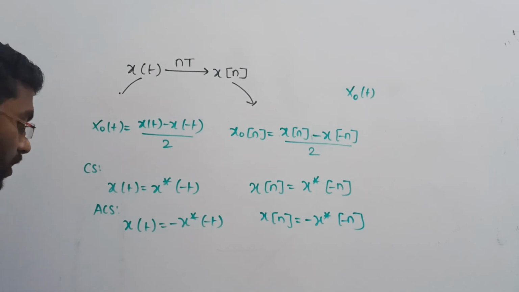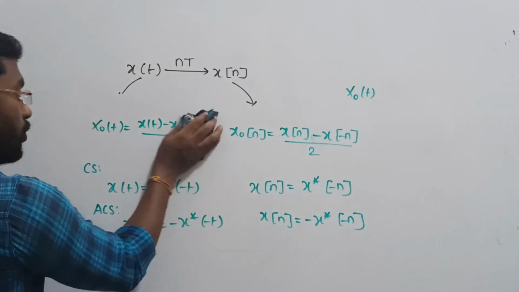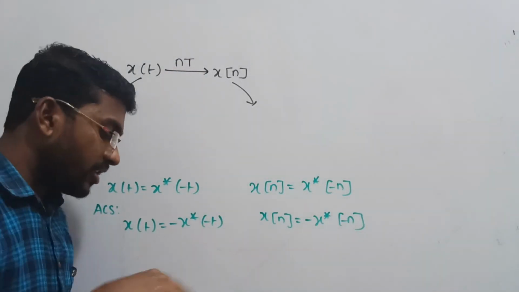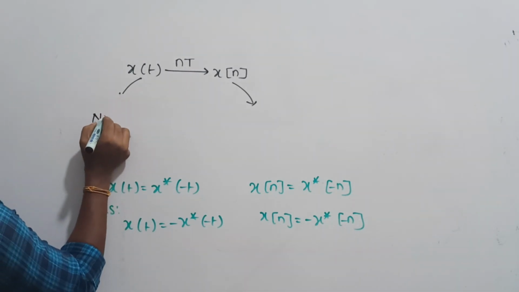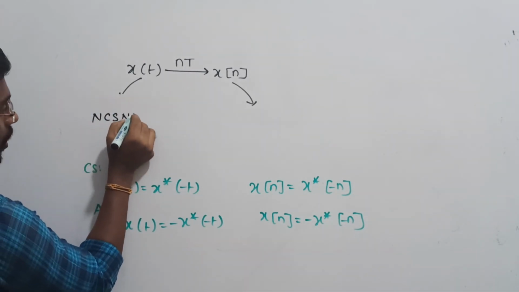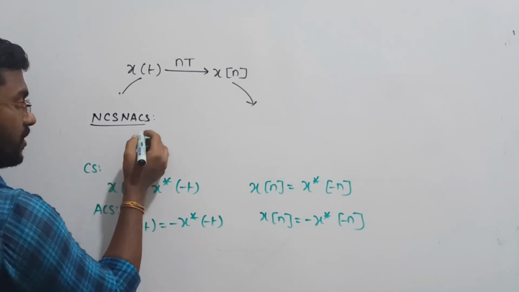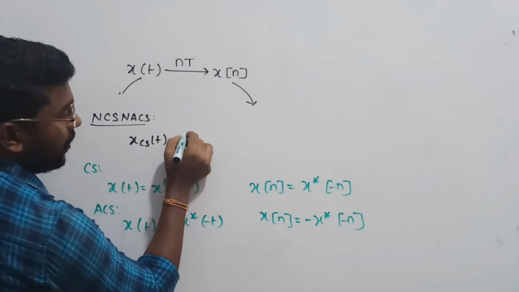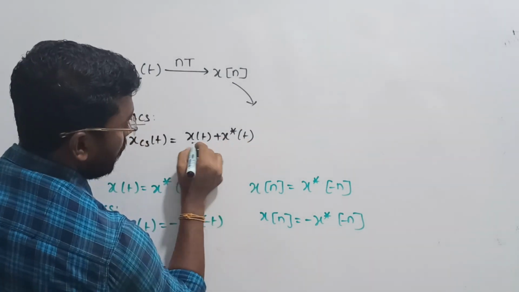Similarly, in the time domain, how do we find the conjugate symmetric part? Suppose the given signal is neither conjugate symmetric nor conjugate anti-symmetric. In that condition, in the time domain, the conjugate symmetric part of the signal can be found with x of t plus x conjugate of minus t divided by 2.